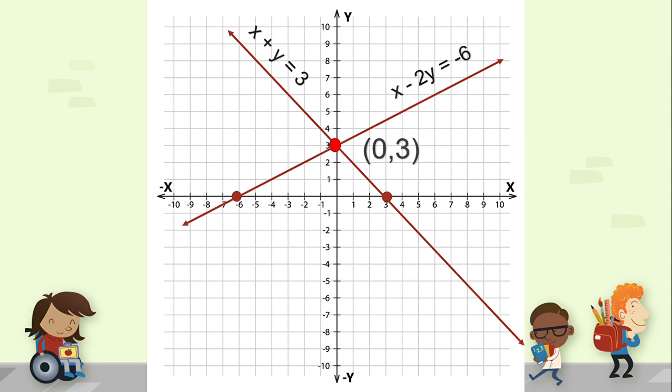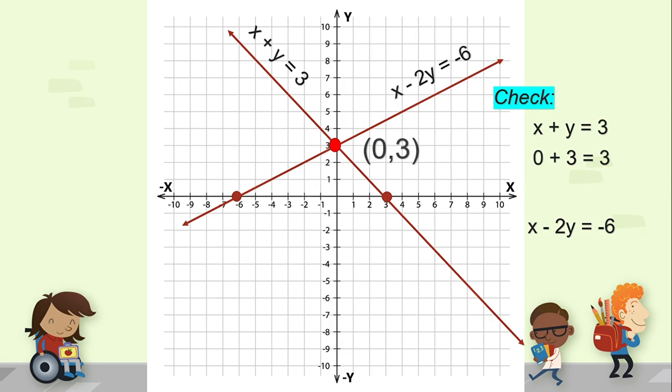Now, let's check. Using the first equation, x plus y, let's substitute the values of x and y, which are 0 and 3. So we have 0, the value of x, plus 3, the value of y from our solution, and 0 plus 3 is equal to 3. And the solution is correct. For our second linear equation, we have x minus 2y is equal to negative 6.